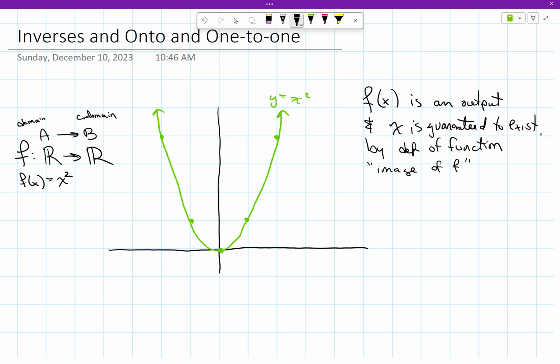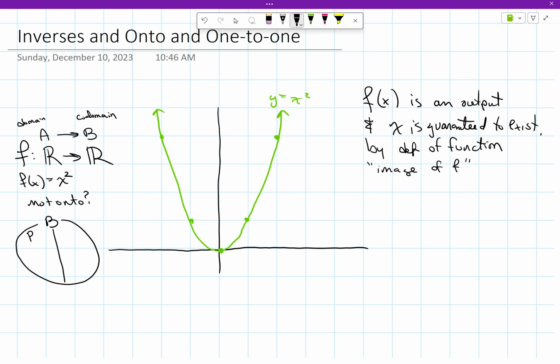Now, if you're really familiar with this function, and I'd like you to be, you know that this example is not onto. And why is it not onto? It's not onto because squaring always leads to a positive, and so this codomain is too big. B is made up of the reals.